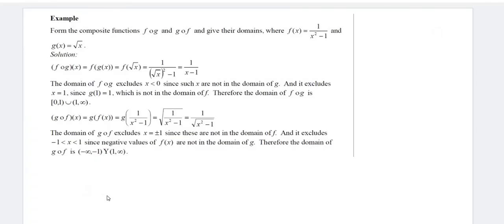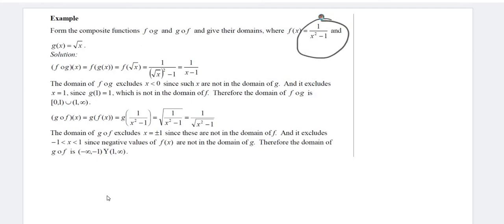Okay, in this example 2 now, we're going to look at, as I said, composition of functions, where we put one function into the other function. Now, before you start, again, I would recommend, I think it's just a recommendation, that you do the domains first. So here we can see it's a hyperbola.